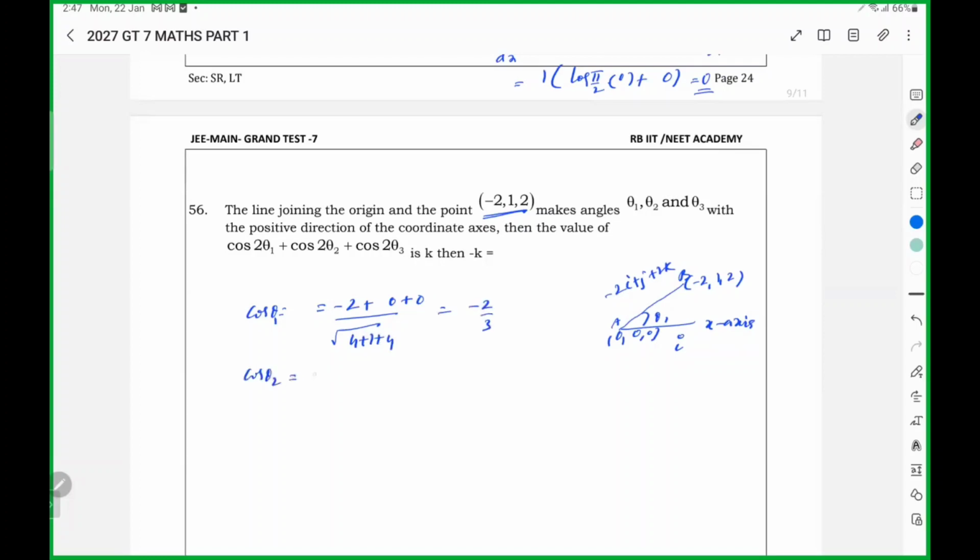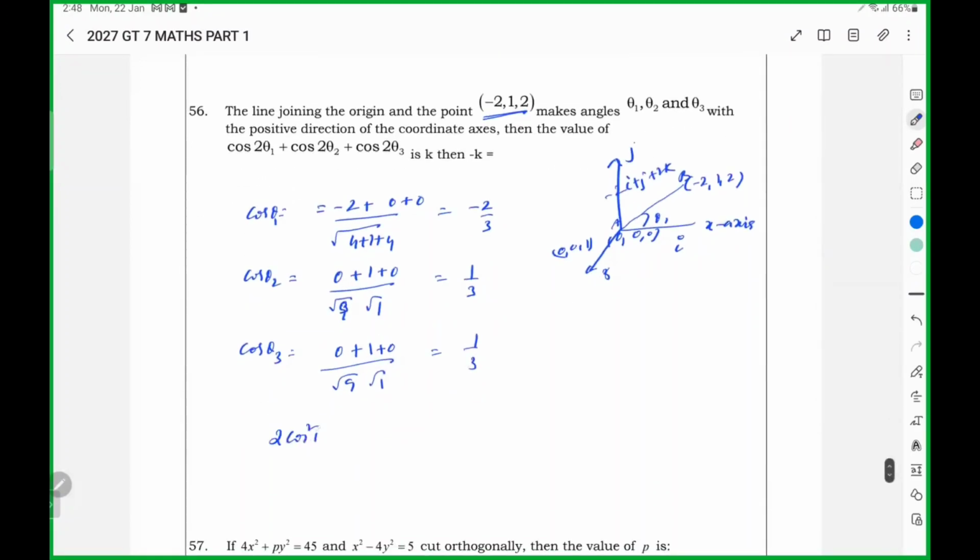Cos theta 2 is with the y-axis, that is j, 0 plus 1 plus 0 by 3. With the z-axis, 0, 1, 0 by root 9.